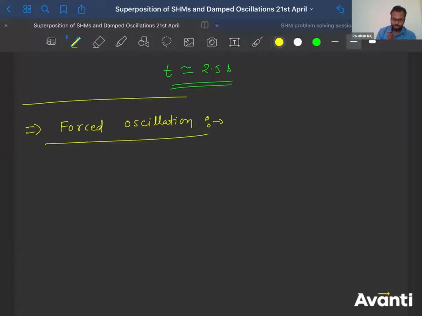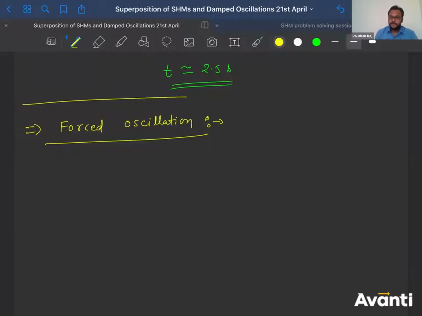One more thing, if you match the frequency of the oscillation, like the frequency means, in 1 second, how many times you are giving that push, how many times you are forcing it. If the frequency of the force applied by you and the frequency of the oscillation of your friend are the same, then the amplitude goes very, very high, at a very large rate.